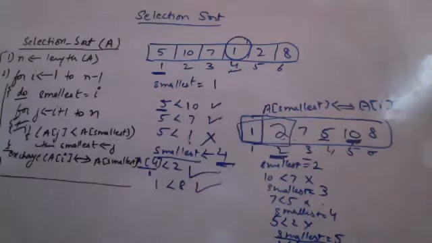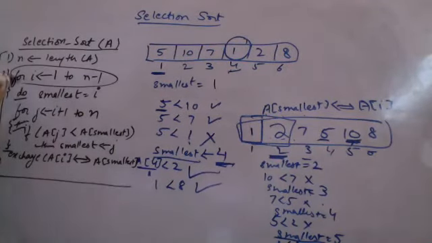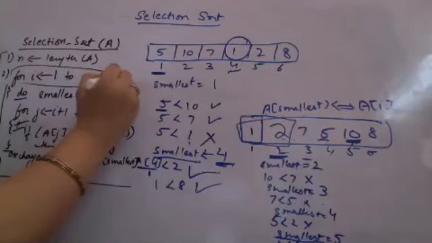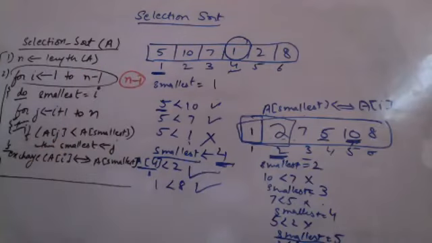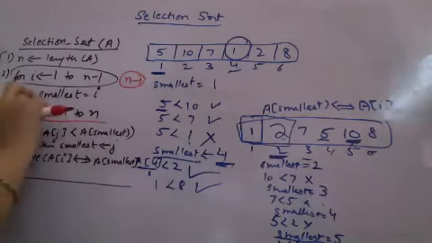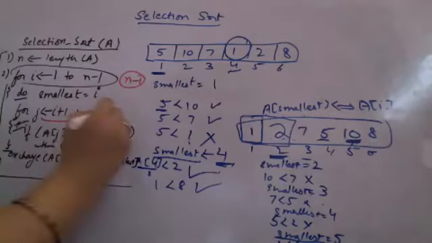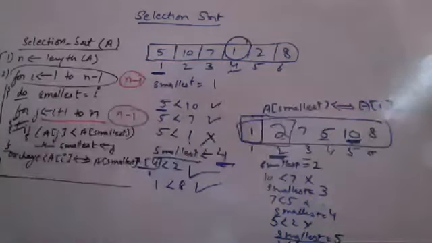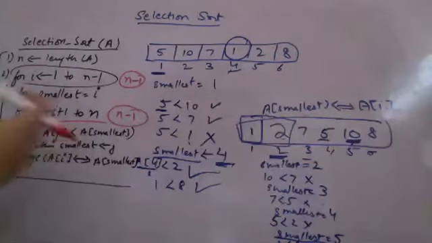If you look at the complexity of this procedure, the outer loop is running for n minus 1 times. And the inner loop is running again for n minus 1 times at maximum, although this will keep on decreasing.